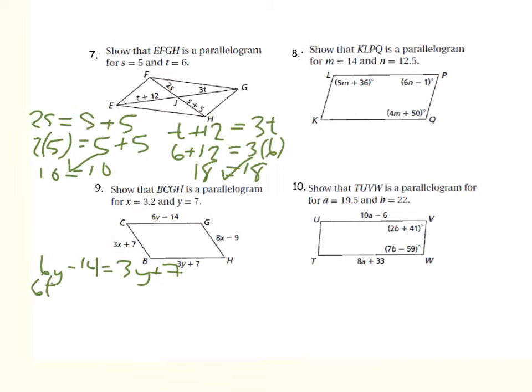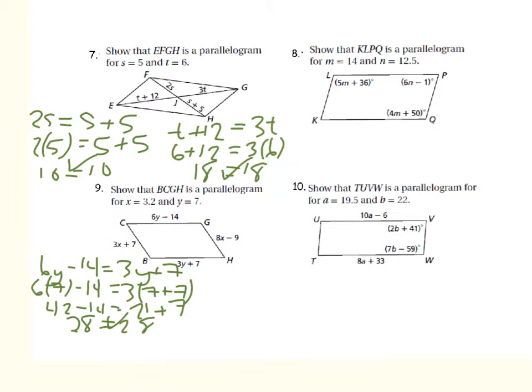I'm going to do 3 times 7 minus 14 and 3 times 7 plus 7. That gives me 42 minus 14, and that gives me 21 plus 7. And I get 28 equals 28. So this verifies that my opposite sides are congruent. I got 28 for both sides.